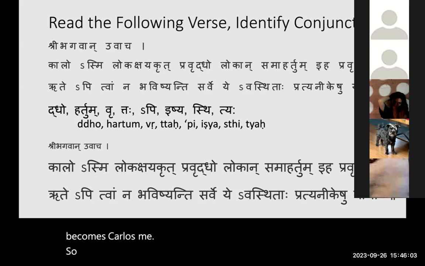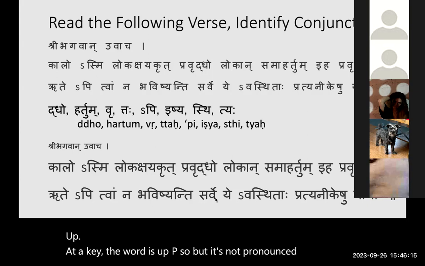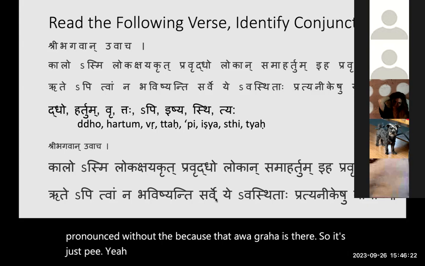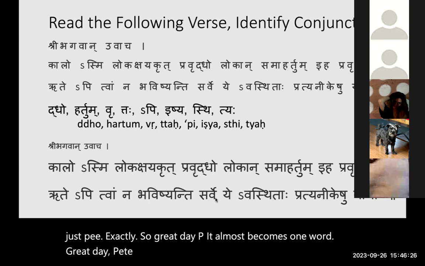So what letter is missing from kalo asmi to kalosmi? The word is api, but it's not pronounced that way. It's pronounced without the a because that avagraha is there. So it's just pi. Yeah, exactly. So ritepi. It almost becomes one word.